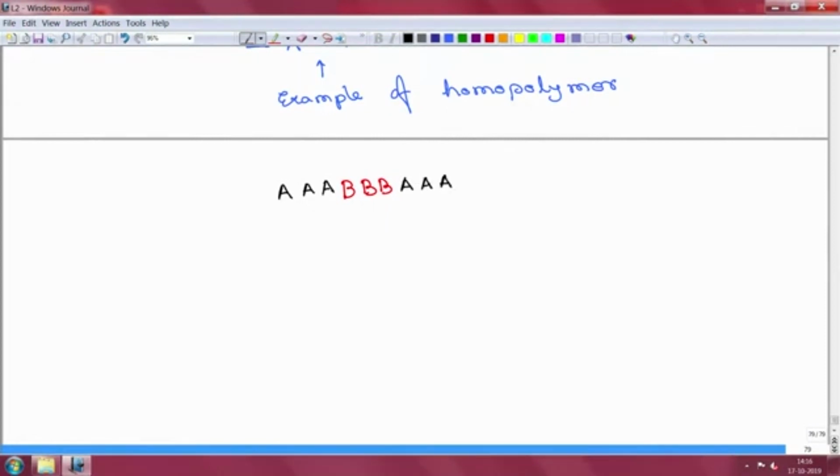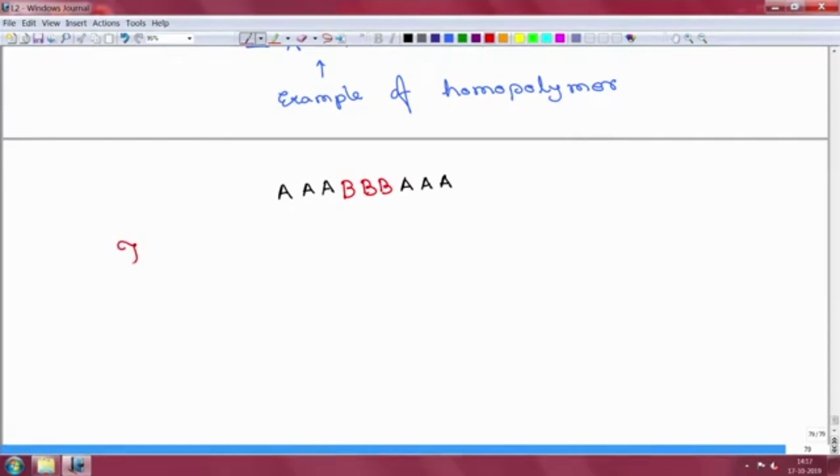Copolymers can also be of different types, random copolymers, grafted copolymers, etc. We are not going to discuss too much about that. That also takes us into the chemistry of how we make these polymers, which is outside the scope of this course, but it is useful to know that these exist, and if you need them, you have to look into the specifics of how they are made.